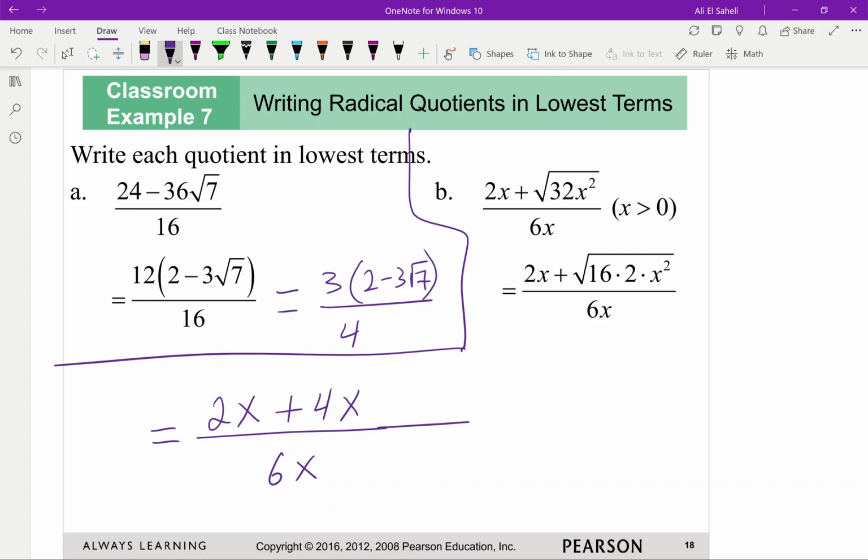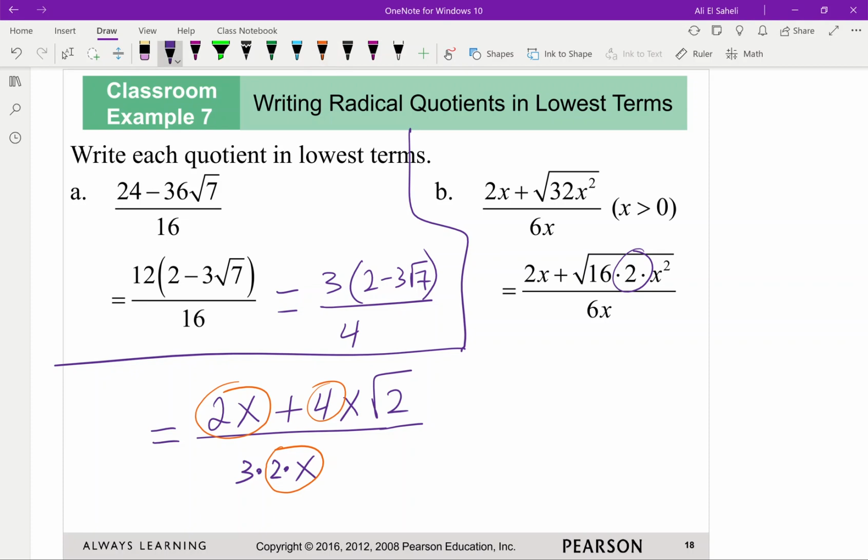Okay, and this is stuck under the radical sign. Now 6 in the denominator is 3 times 2. So a common factor over here. Okay, and here 2 times 2 is 4.